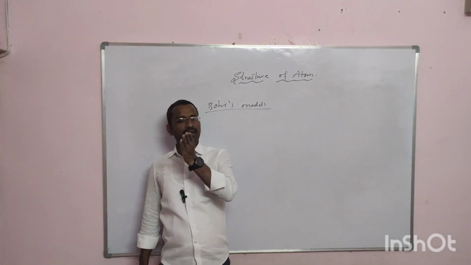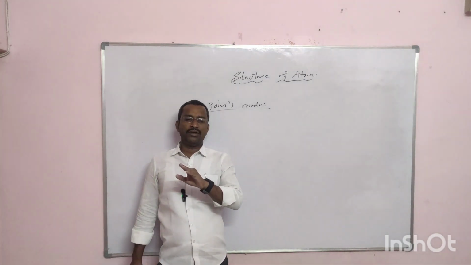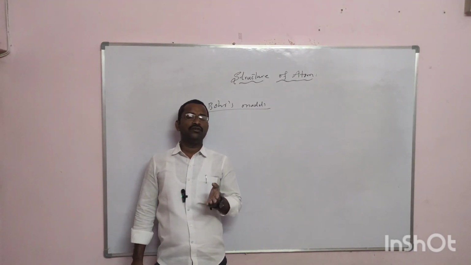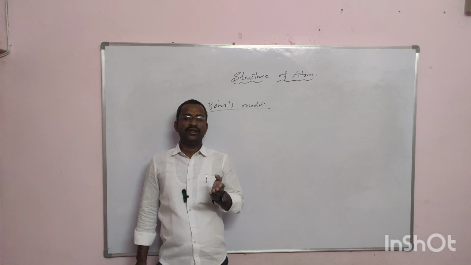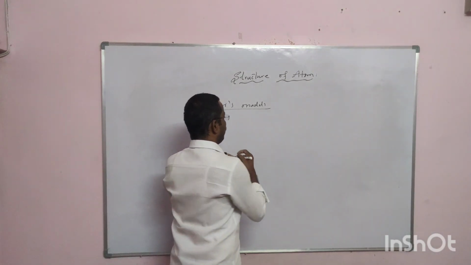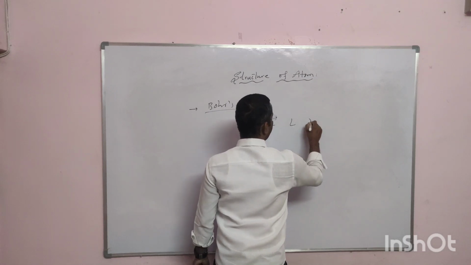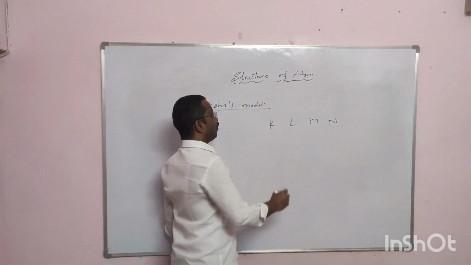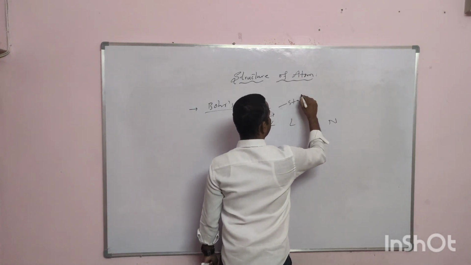Whereas in Bohr's case, electrons revolve around the nucleus in a fixed path, so there is no chance of losing or gaining energy. These are called stationary orbitals, named K, L, M, N.